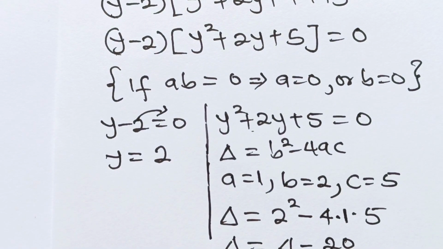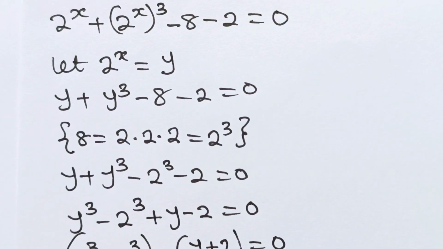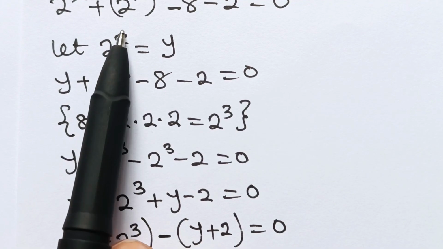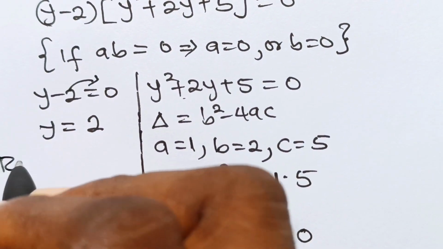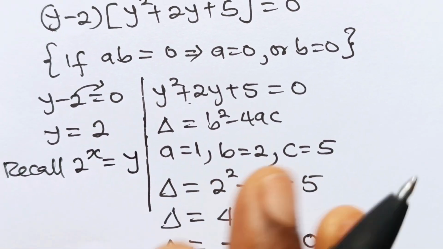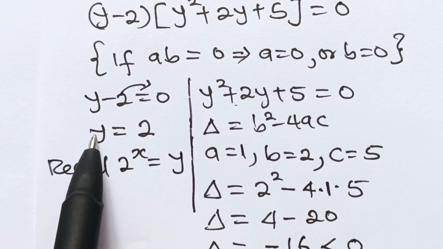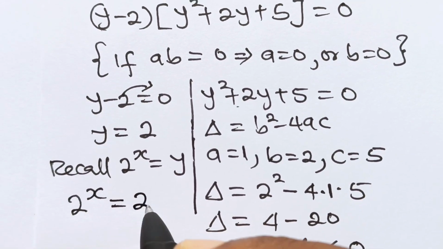So we go ahead and solve using y equals 2. Now remember that 2 to the power of x is equal to y. Therefore, we can replace this y with 2 to the power of x is equal to 2.